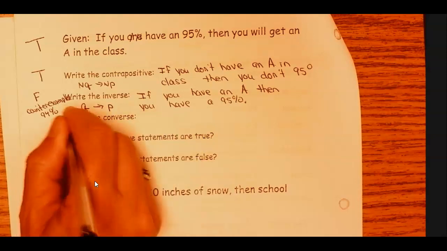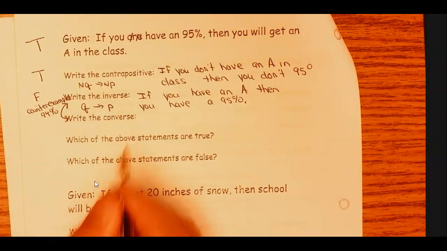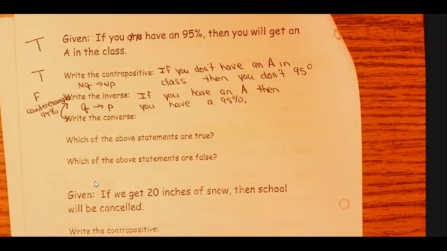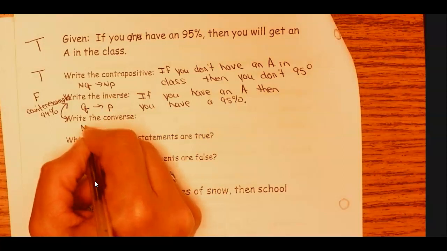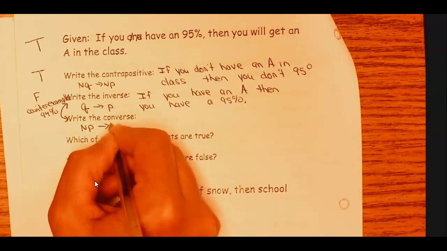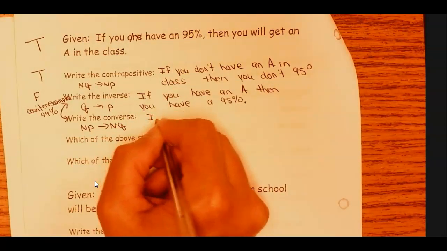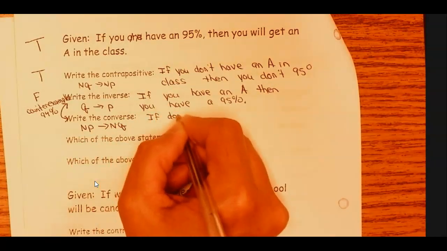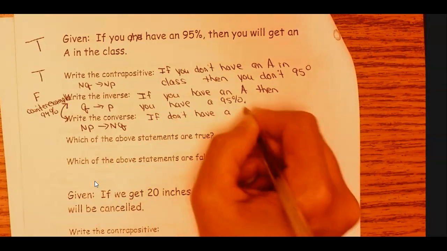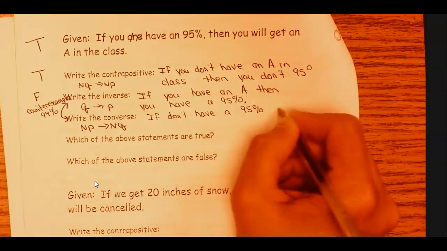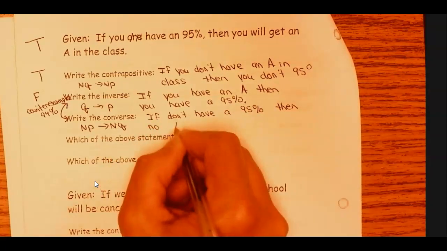Now the converse is when we, and I just goofed these up. Let's try again. The inverse we were supposed to negate. It should have been not P, then not Q. So this would be, if you don't have a 95%, then no A in class.